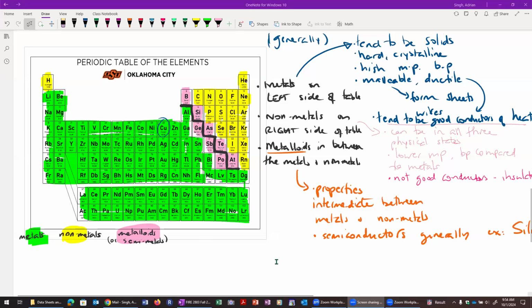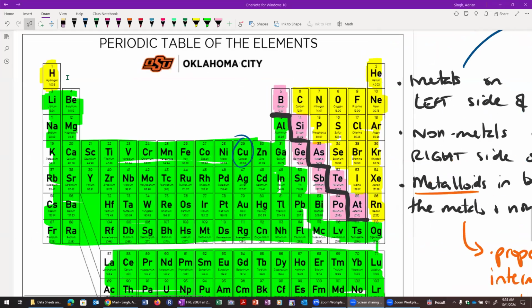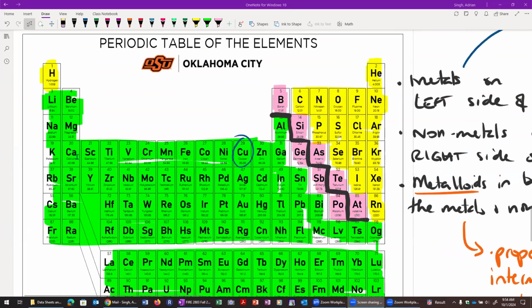Looking at the periodic table, you might see, for example, that there's one element that kind of sticks out. It doesn't seem to be in a location where it's supposed to be, and that's hydrogen over here on the left side. It's coded yellow in this case, which means it is a non-metal, and it should be over here on the right side with all of its friends, but it's not.